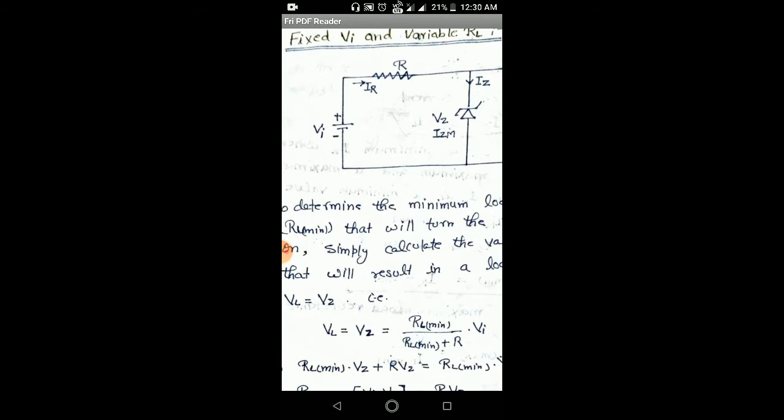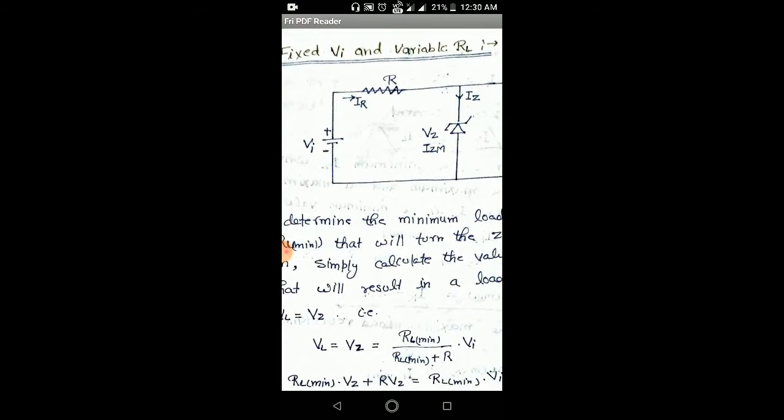Here we can see, by applying Kirchhoff's voltage law, VR equal to VI minus VZ. So IR remains fixed. That will be IR equal to VR upon R. So the Zener current, IZ equal to IR minus IL.